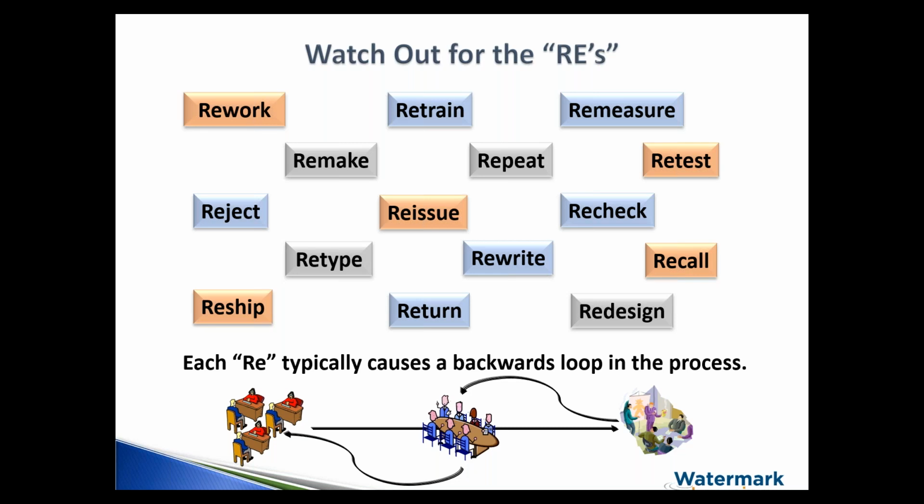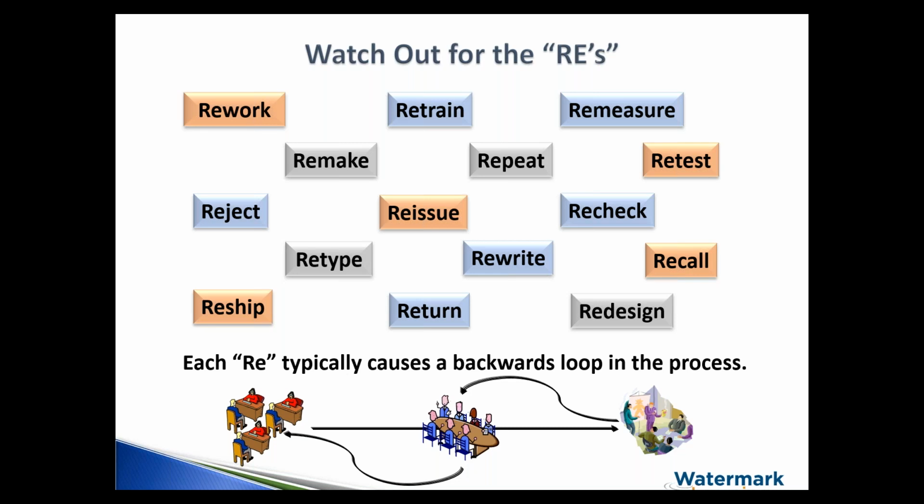So when you're analyzing your processes, look for all the things that say RE. This is where we recheck, or reissue, or recall. I'm not saying there aren't sometimes reasons to do that, but it's a good way to find waste.